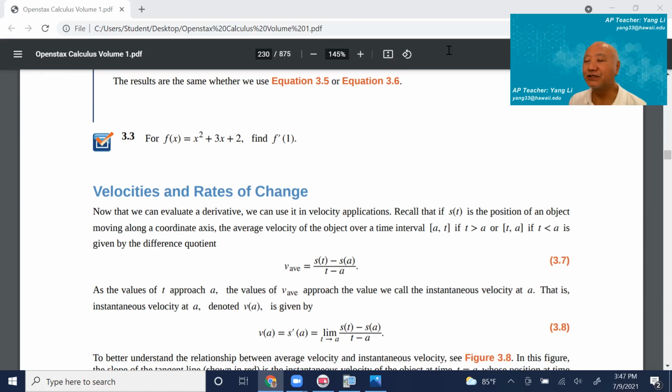Today for this video, we're going to explain the 3.3 check mark questions, okay? All the check mark questions in this book show direct practice for the students after the example above. So look at this one here. First, we need to find the derivative at x equals 1 for this function.